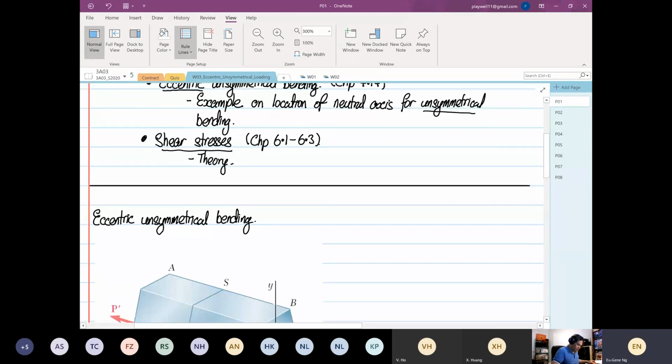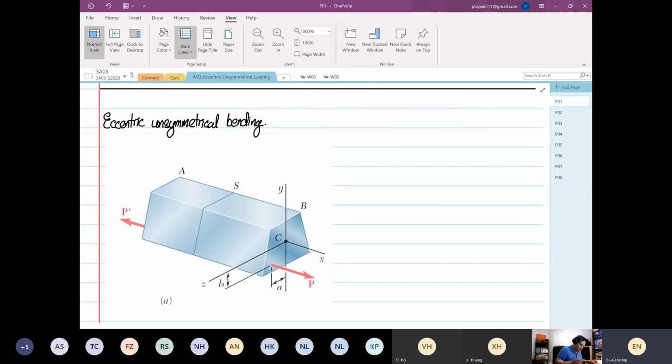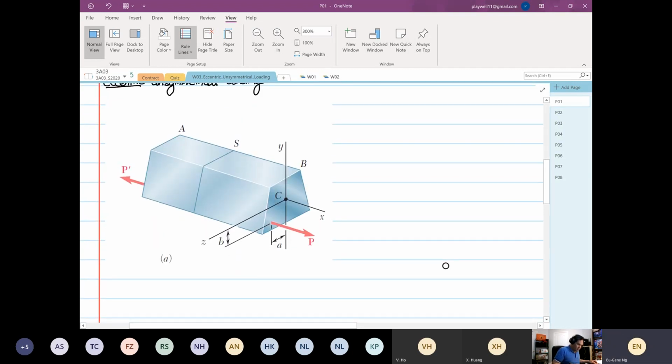A thing to observe is the structure is under axial load P, but this axial load has an offset, which is at a distance A from the y-axis, and a distance B. And what sort of distance? We are talking about perpendicular distance over here.